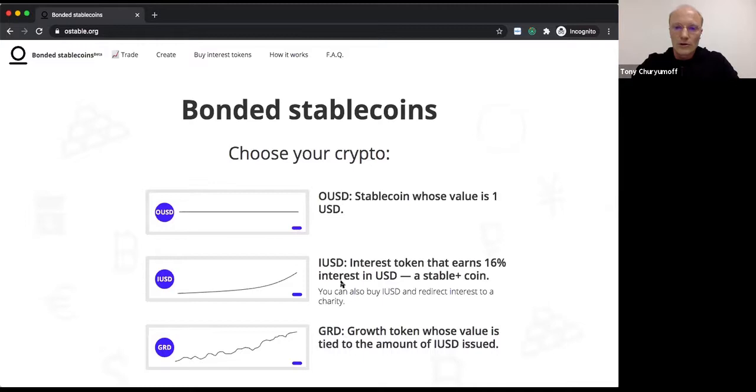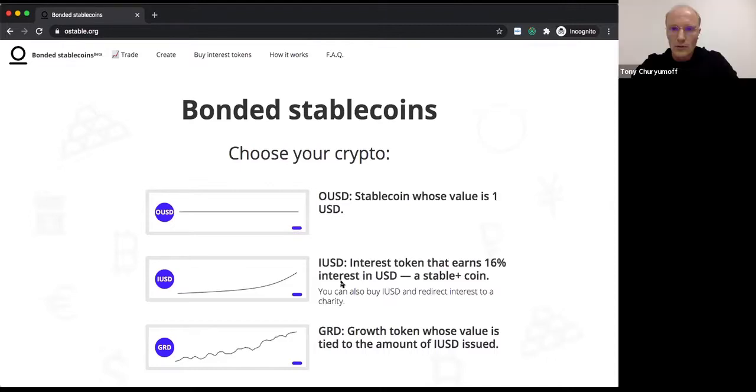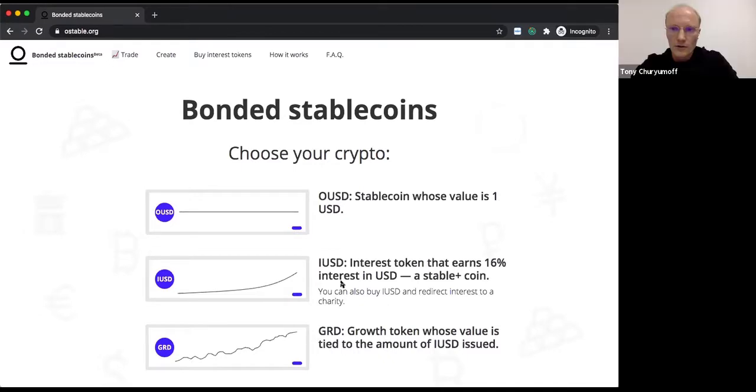Okay, we launched bonded stablecoins exactly one month ago, and it is based on a completely novel design, which is based on bonding curves, but I'll get into the internal workings of the bonded stablecoins a bit later.